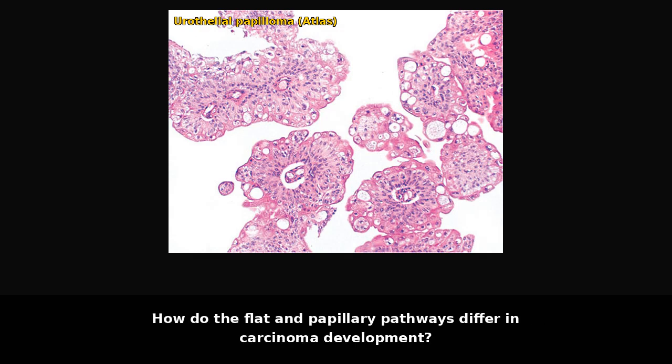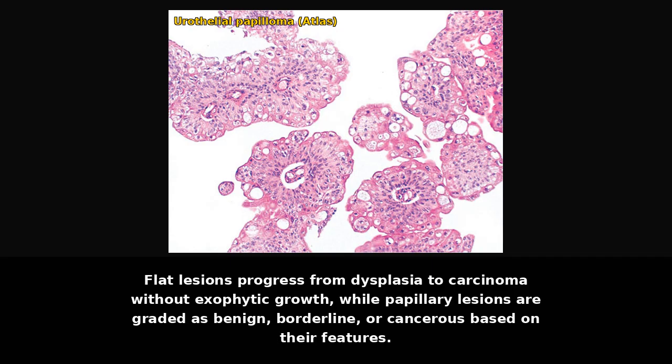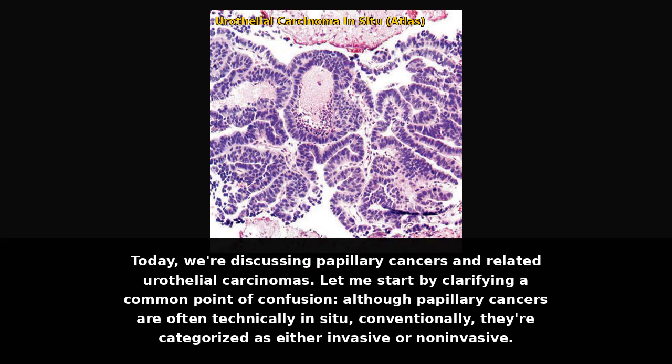How do the flat and papillary pathways differ in carcinoma development? Flat lesions progress from dysplasia to carcinoma without exophytic growth, while papillary lesions are graded as benign, borderline, or cancerous based on their features. Today, we're discussing papillary cancers and related urothelial carcinomas.